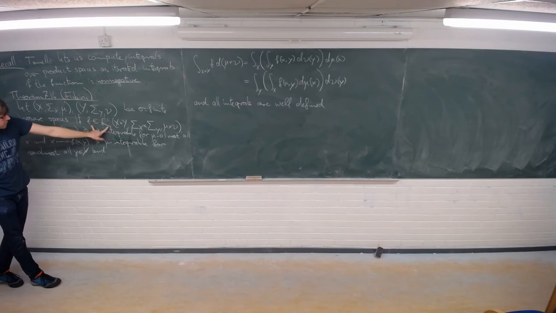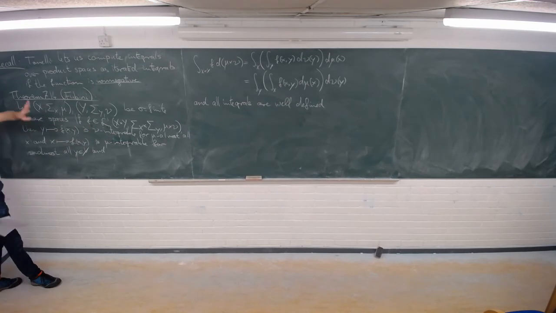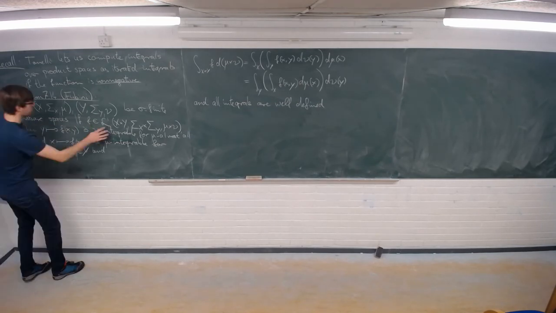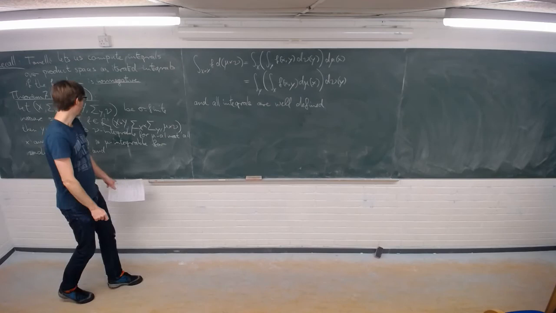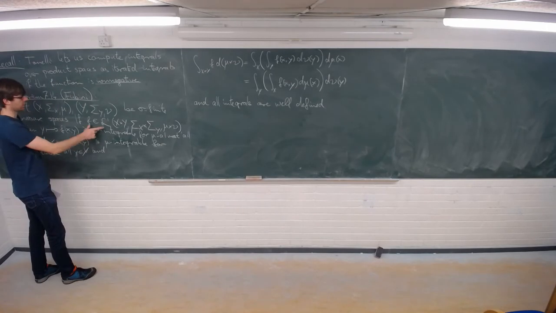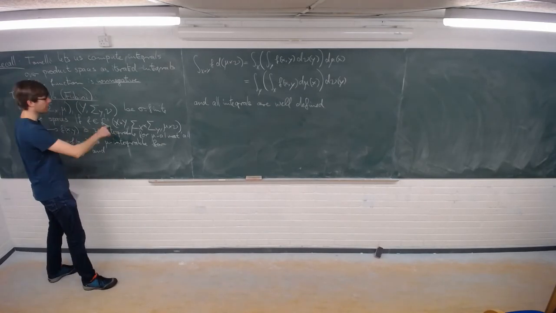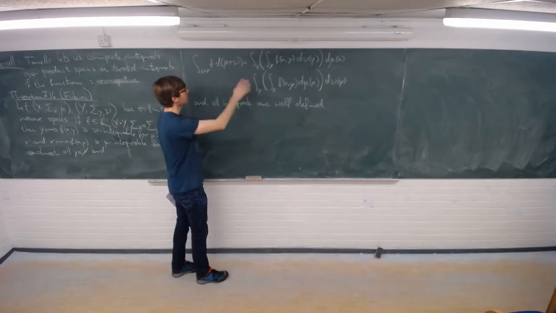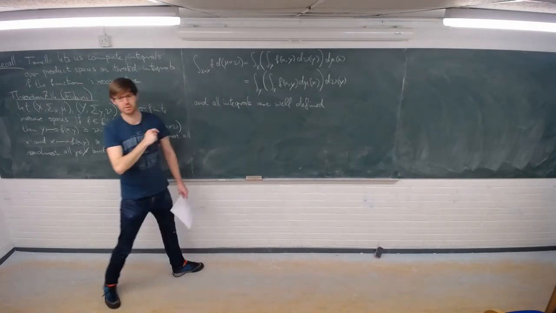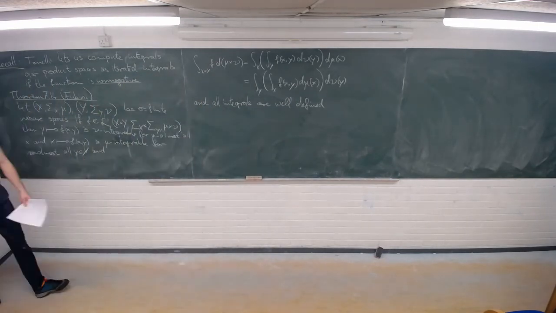And if we assume this, then we can drop this non-negativity assumption. So this is the difference between the two theorems, essentially. And if we have f in L1 of this product space, then we can swap integrations even if the function is possibly negative somewhere.